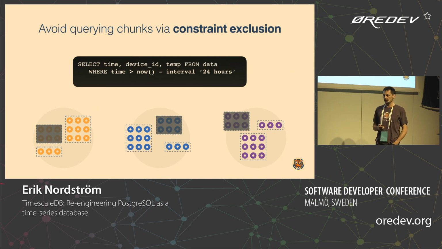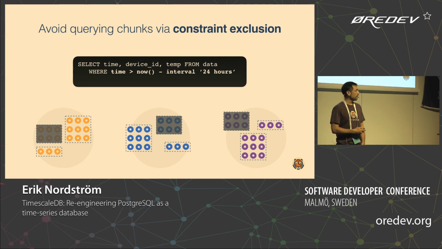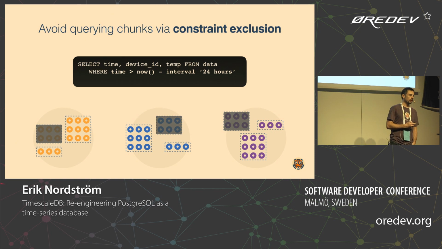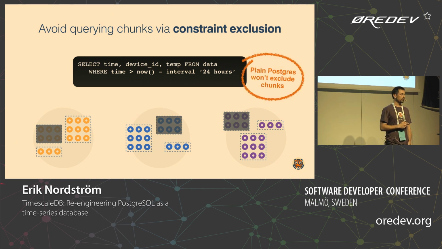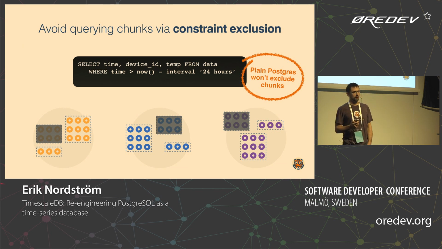Here's another interesting query. Sometimes you want to query the past day's worth of data. The difference here is that you're using a non-constant time expression. And here, plain Postgres can't exclude any chunks because it's doing this at the planning stage, and it cannot cache that query, because every time you run that query later, it will compute a different timestamp.